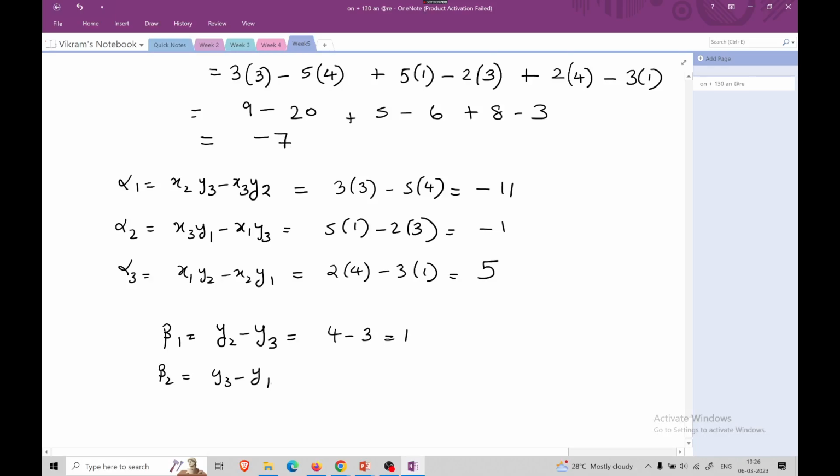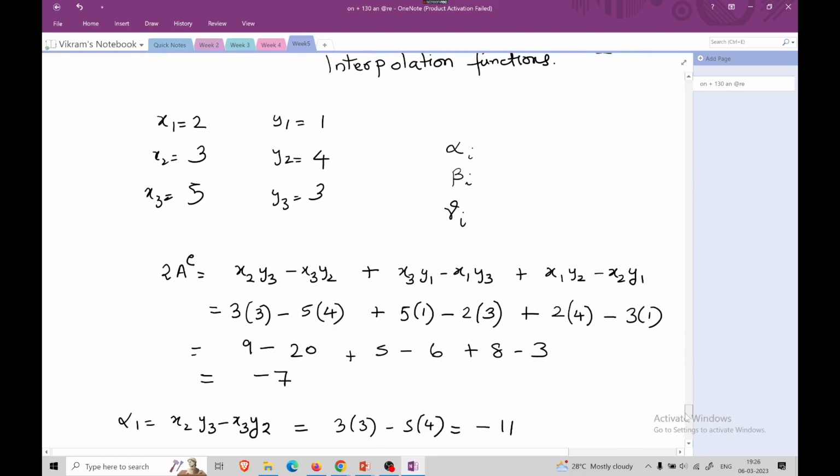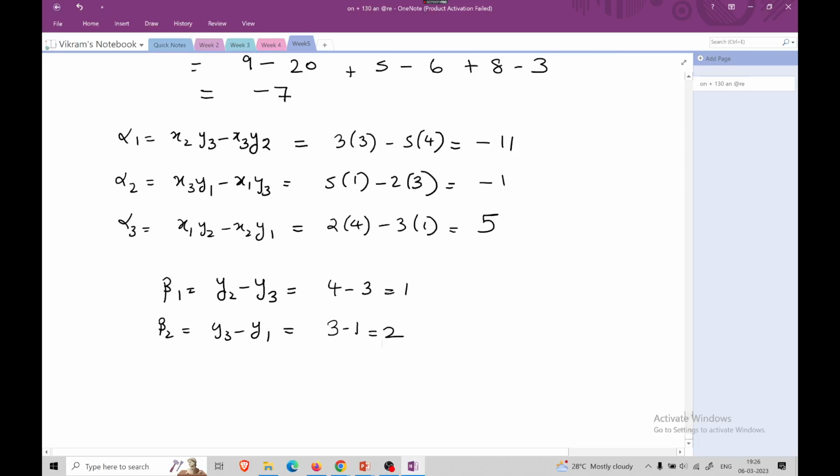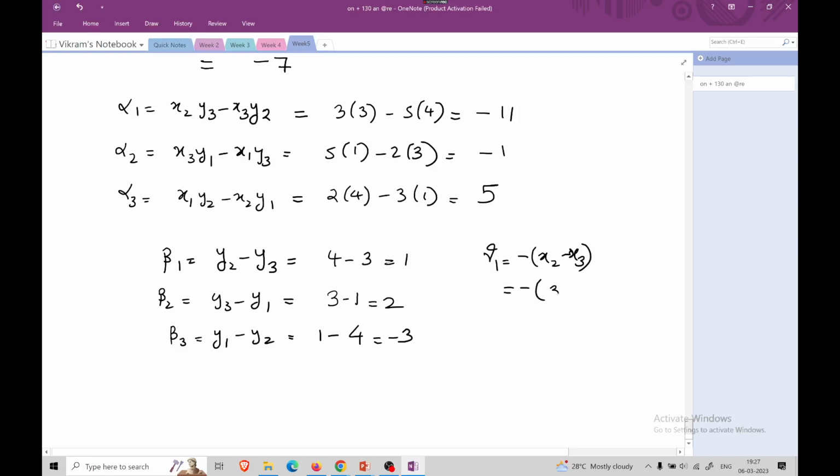Beta 2 is y3 minus y1, 3 minus 1. Then beta 3 is y1 minus y2, minus 3. Gamma 1 is minus of x2 minus x3, 3 minus 5, so this will be plus 2.